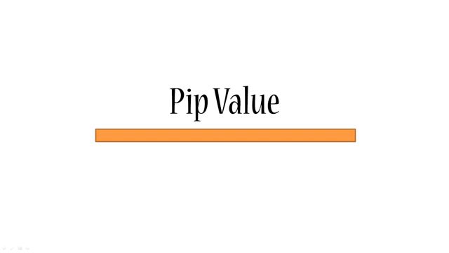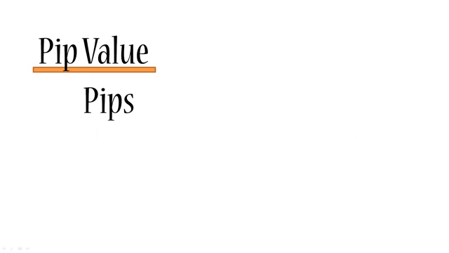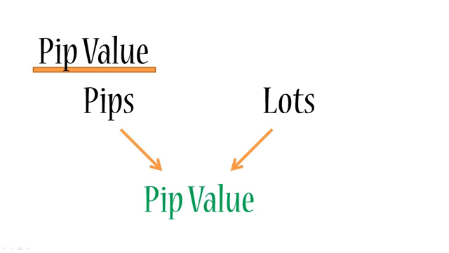So to start with, let's imagine an example. Let's imagine that we entered into a trade and the market has moved a certain number of pips, which is represented by the pips variable here on the left. Also, we know that we had a specific volume of our transaction, which is represented by the lots variable on the right. So together, these two variables combined will determine pip value for this transaction.